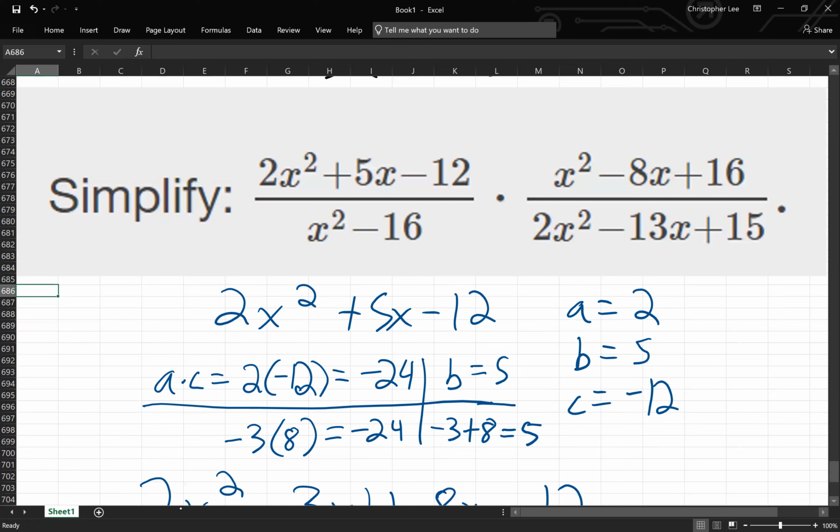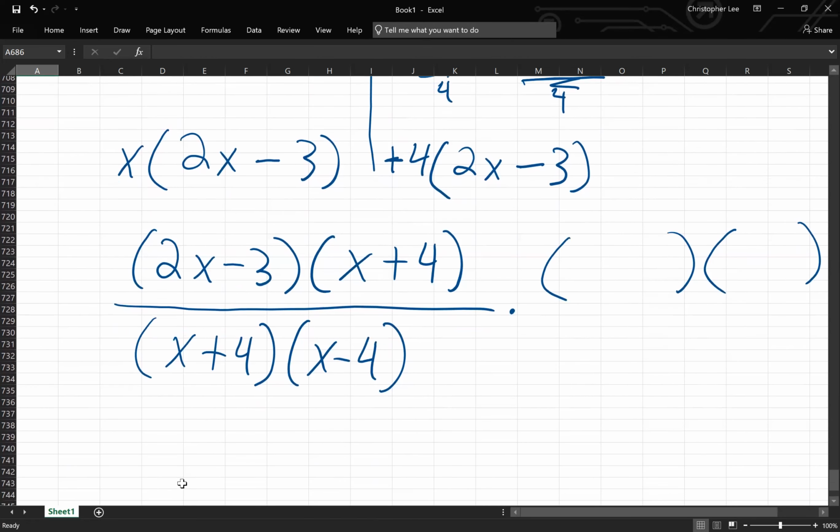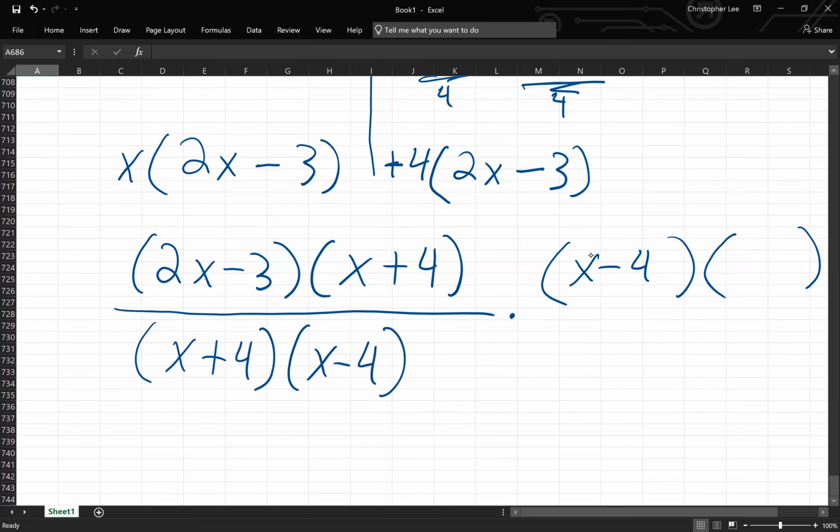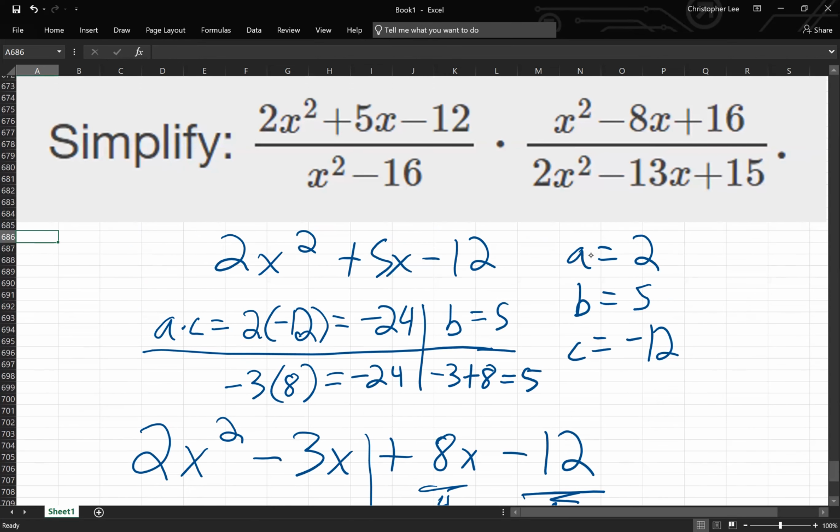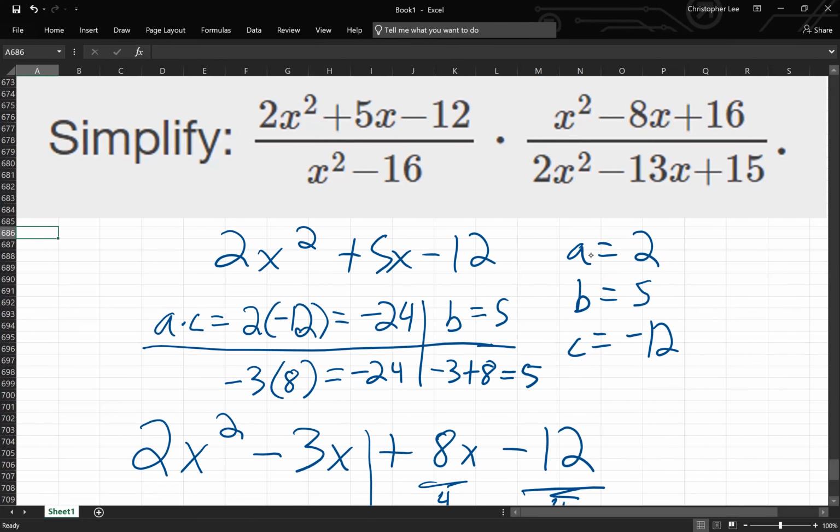What's the numerator over here? Excellent. X minus 4, x minus 4. What about the denominator over here? So it's minus. 2x minus 3, okay.